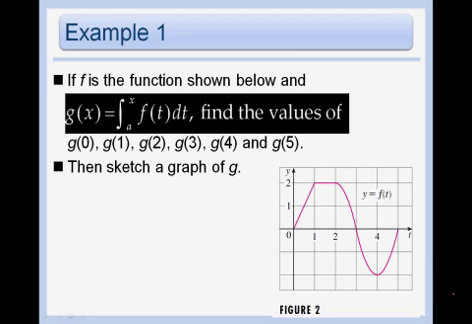If f is the function shown below, and g of x equals the integral from a to x of f of t dt, find the values of all the following. We know that g of x is this accumulator function. And so g of 0 is just going to be, let's stick in a 0 wherever we see an x.